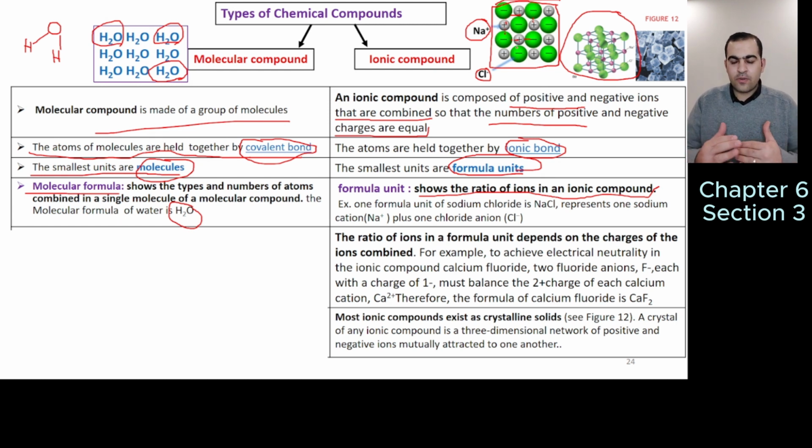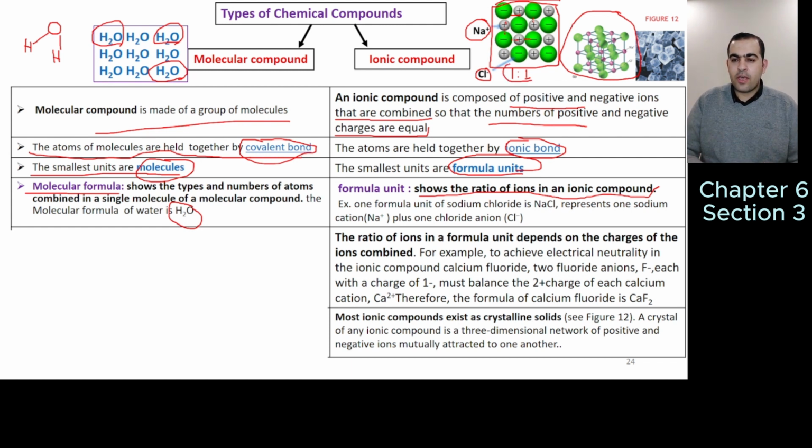If we make it simpler, the ratio is 1 to 1. For each sodium, there's a chlorine. For each chlorine, there's a sodium. The ratio of ions is 1 to 1. So the smallest whole number ratio is 1 to 1.